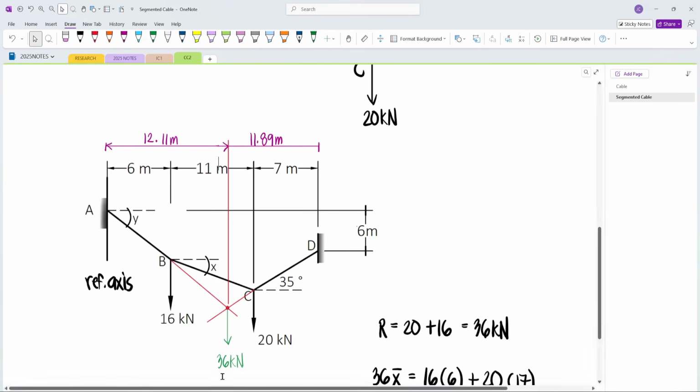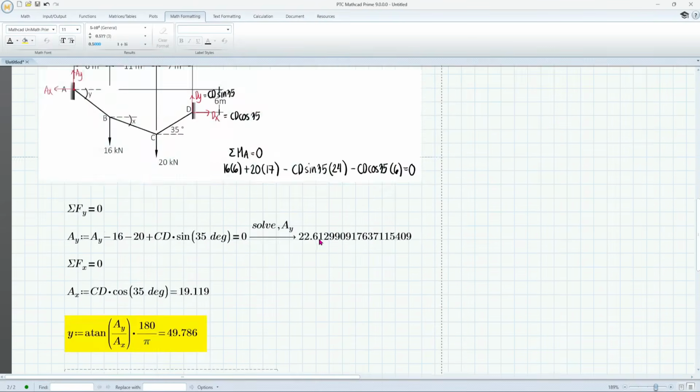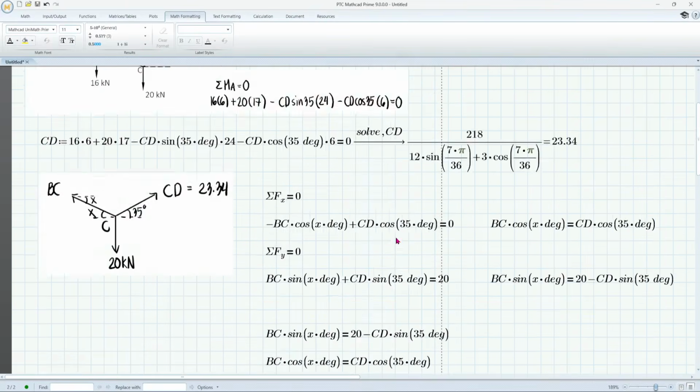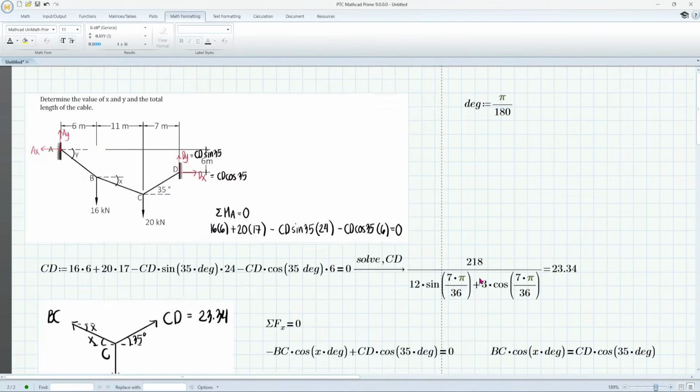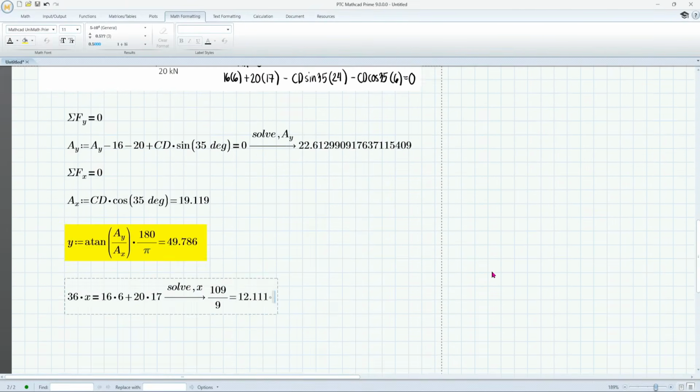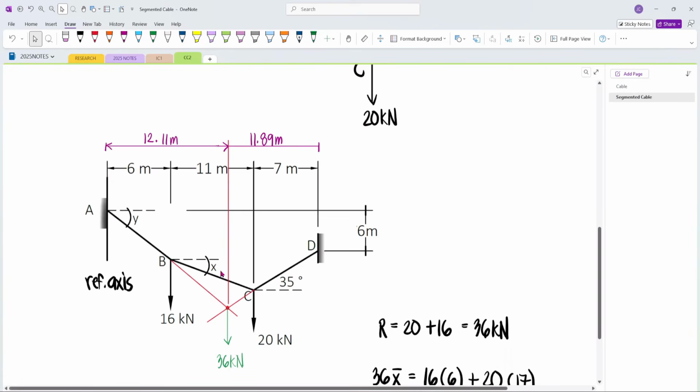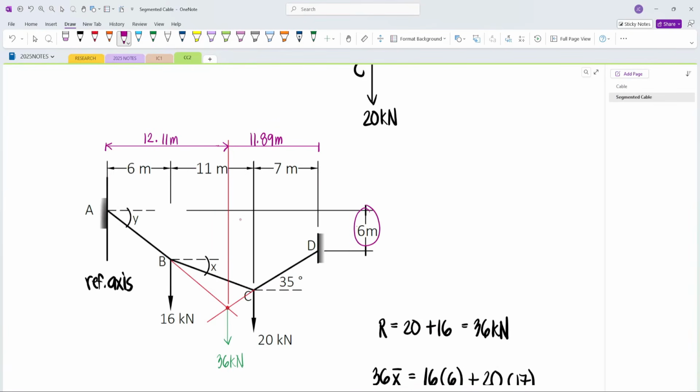So, di ba, nakuha natin yung angle y kanina. The value of angle y is saan na yan? Ito, 49.786. Now, we can also obtain this value just by using geometry. Ayan, di ba ito yung angle y? Ito, alam natin na 6 meters yan.